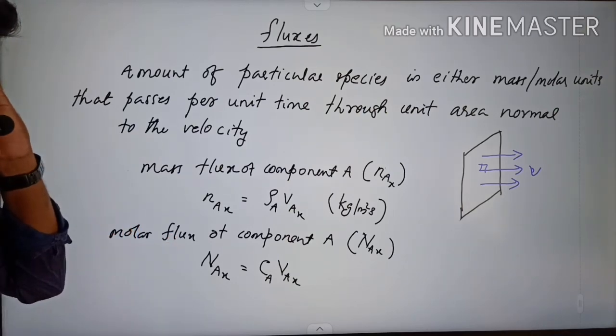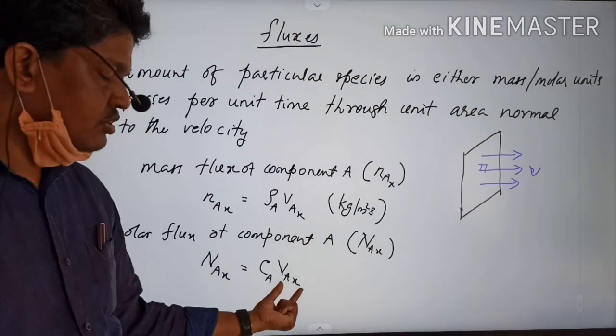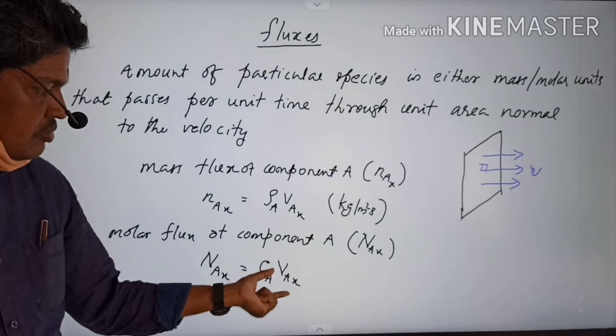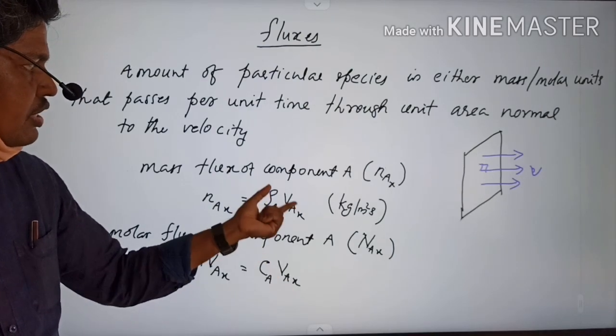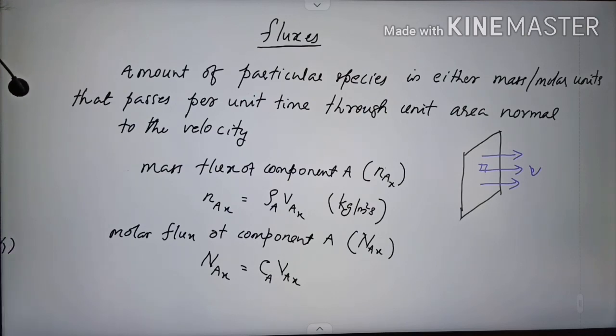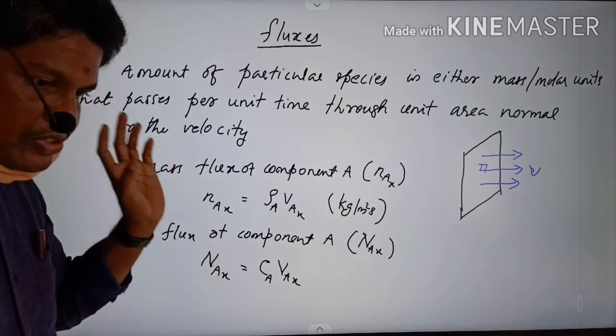These are the two types of flux. Then two more fluxes are there based on the diffusion velocity, as opposed to the total velocity of the component. Based on the diffusion velocity, you can express the flux also. So two more fluxes are there: the mass diffusion flux and the molar diffusion flux.